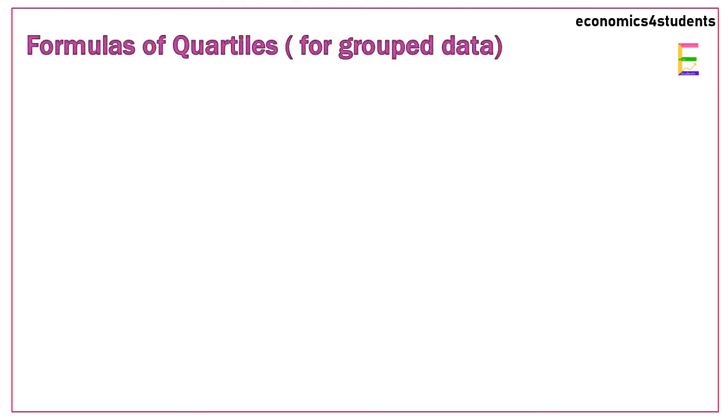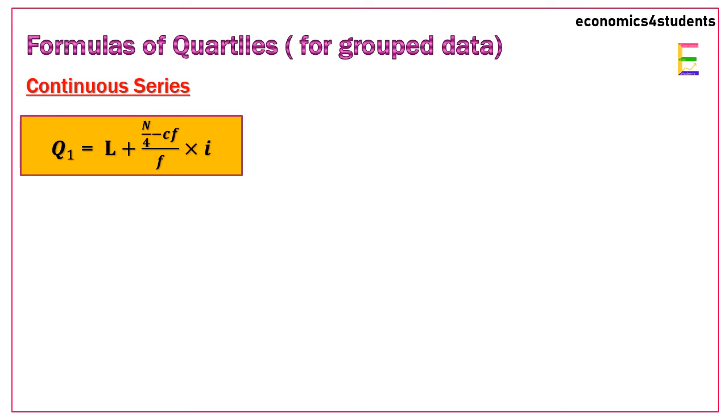Next, we will learn how to find quartiles for a continuous series under grouped data. For a continuous series, we first have to find the quartile class, then apply the following formulas.